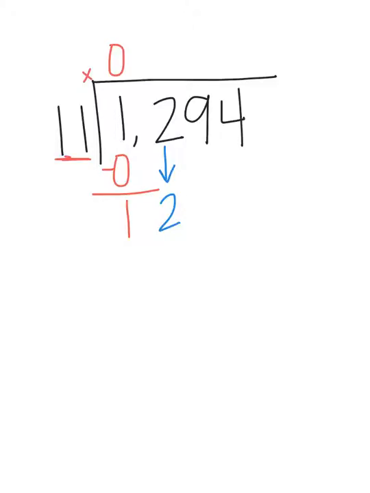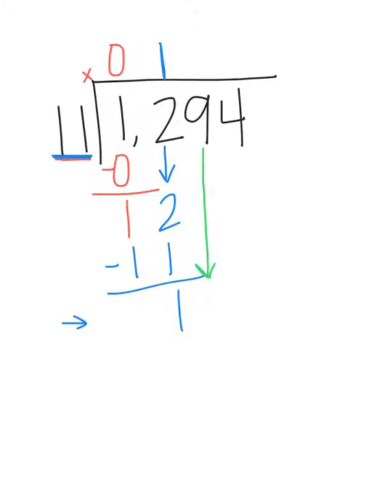Now we ask ourselves, how many times can 11 go into 12? It can go in 1 time. 1 times 11 equals 11. We subtract, and we get 1. Okay, so with the standard algorithm, you're always focusing on whatever number's on the bottom. Now we need to bring down our 9.